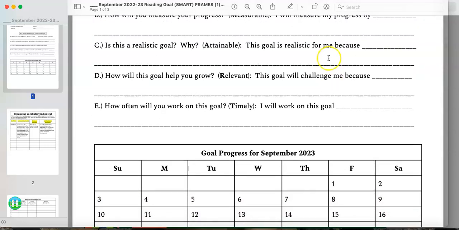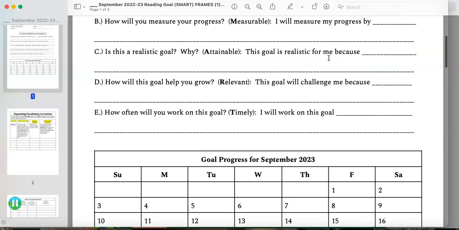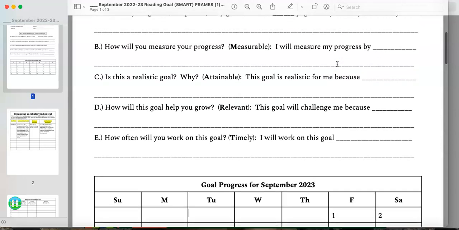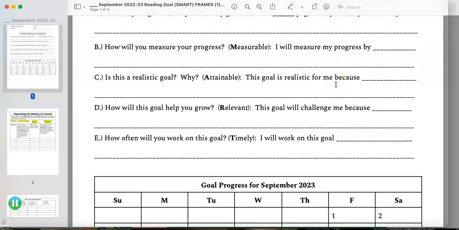Or sometimes I get sidetracked, so it will help me to focus because it will help me to monitor the process.